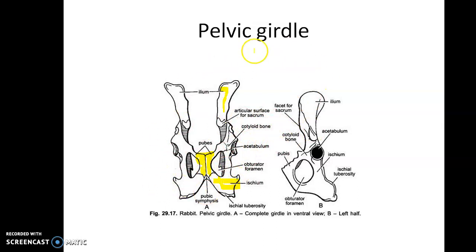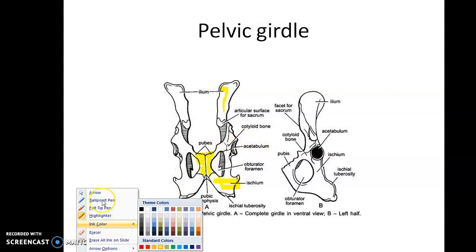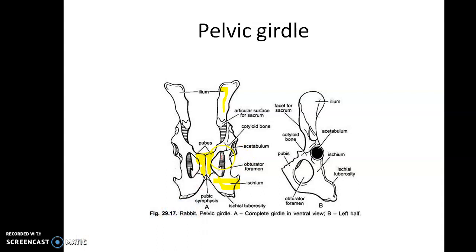This is the obturator foramen. In between the pubis and ischium is the obturator foramen.